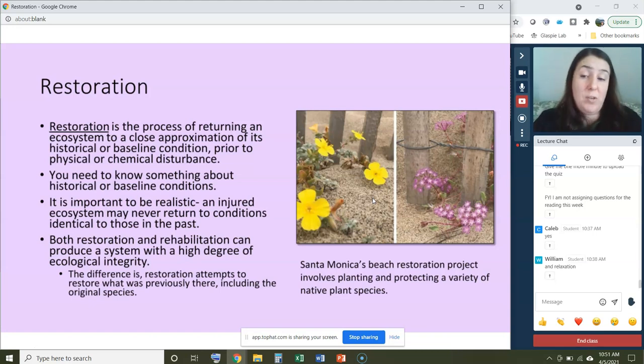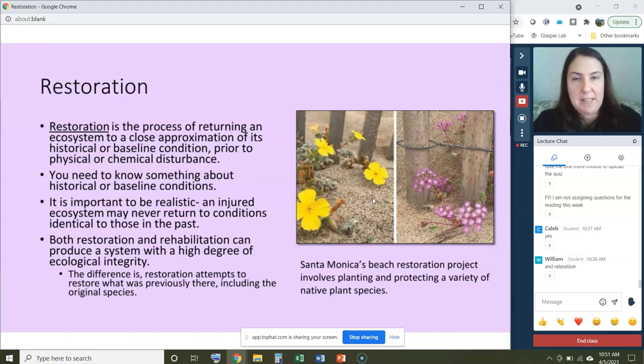In some cases, we do have a really good baseline. Like we can have scientific information about what a system looked like before mining or before dredging. And so that would be great because then we could restore it to what that system looked like. It's important in restoration to be realistic. So an injured ecosystem may never return to conditions identical to those of the past.